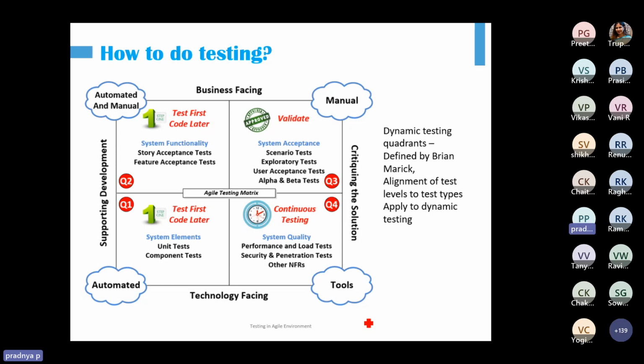Because Agile is a collaborative way of development, in the early stages our objective of testing is to support development. We are helping the development team to build a good product, to ensure that they are preventing the errors and the defects, and making a good product. So one focus of testing is supporting the development.